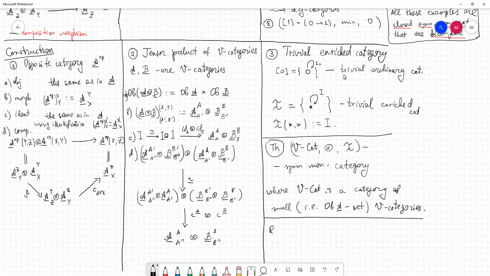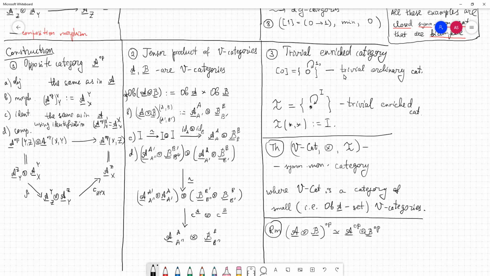Also a remark, as I have used the opposite stuff, I will say that the opposite of a tensor product of categories is isomorphic to the tensor product of opposite categories.